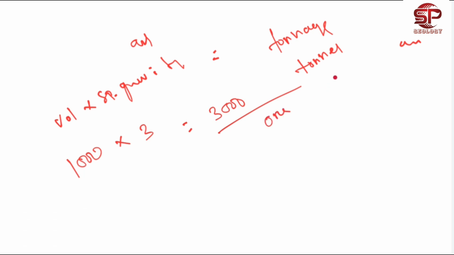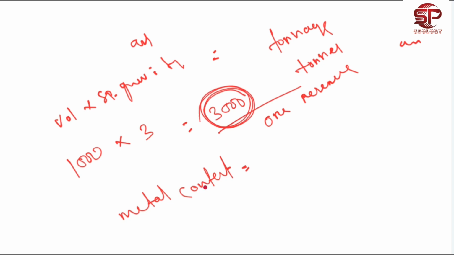Ore reserve. Now is the metal content. Like, this is the total ore reserve. What is the metal content? Consider the grade is 20%. Then you have to just multiply by 0.2.